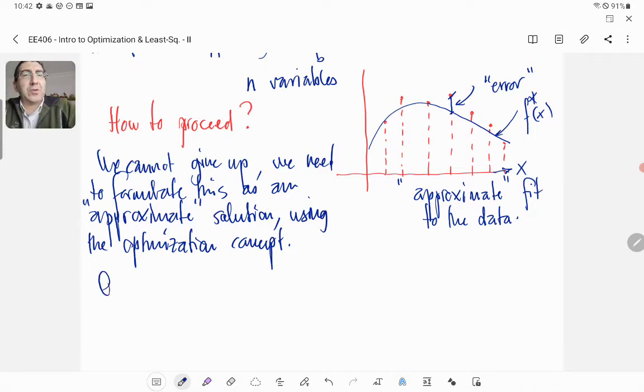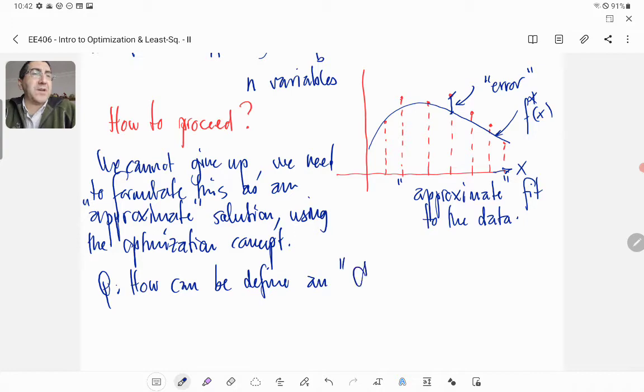Okay, so the ultimate question is, how can we define an objective function? Remember, we need to define an objective function such that if we maximize or minimize this function in terms of the unknowns, we find the solution to our problem. What are our unknowns?